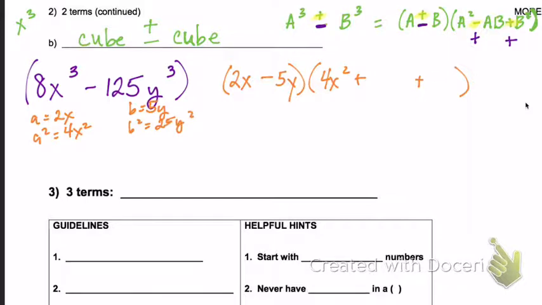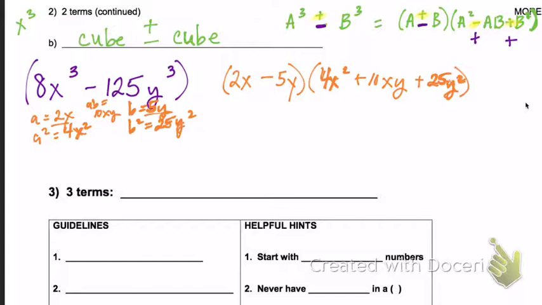And so I'm going to put 25y squared here. Okay, so we have our a squared and we have our b squared. And then my middle term is a times b. So ab, I would take 2x times 5y, and that would be what? 10xy. Good.